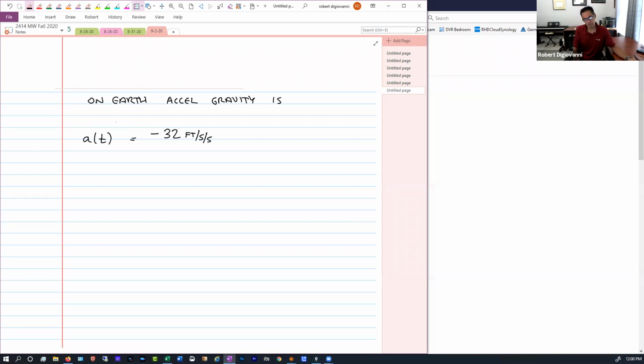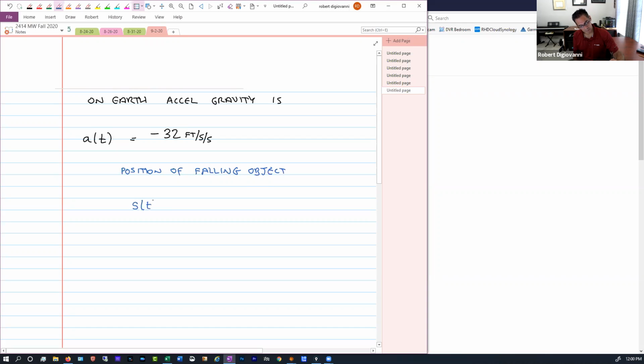Now, does anybody remember this from college algebra or some other class that you took? It's a formula that says this: the position of a falling object. Let's see if this looks familiar at all to you.